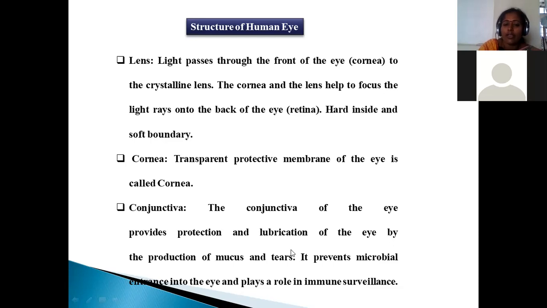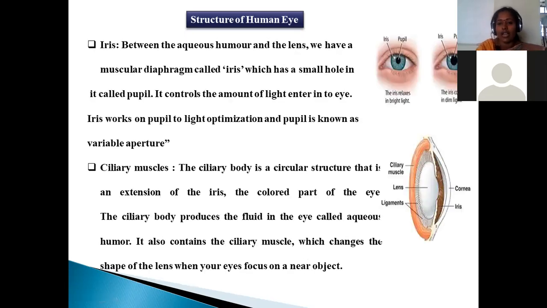By excreting mucus and tears, it protects the eye from pathogenic microorganisms.